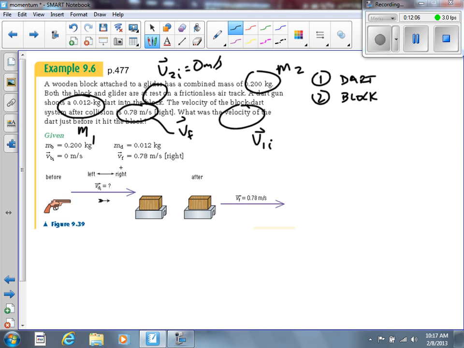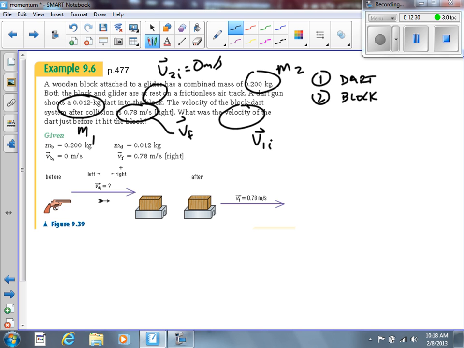What do you want to call this VF here? The velocity of the block dart system after the collision is 0.78 meters per second. You want to call that V1F or V2F? The velocity of the block after the collision or the velocity of the dart after the collision? It's both, isn't it? The dart and the block are one object now. The dart's stuck to the block.